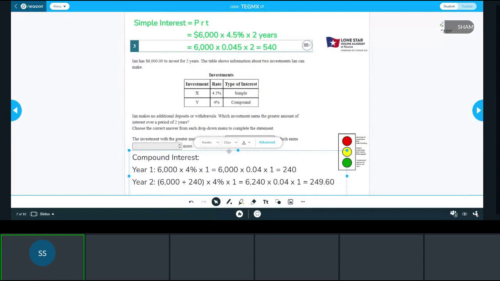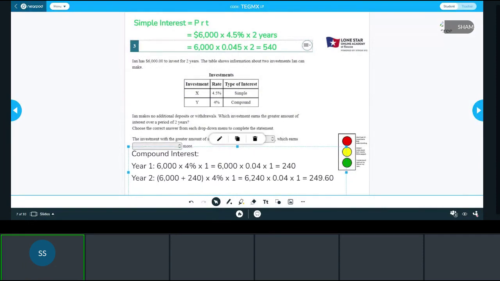Then I'm going to find the total for the 2 years. So the total interest earned would be, in year 1, that was $240. And in year 2, it was $249.60.